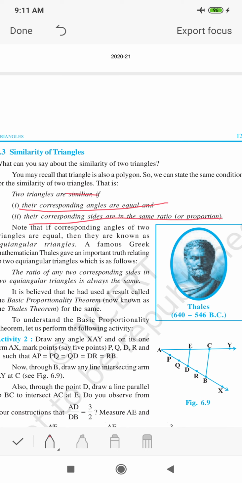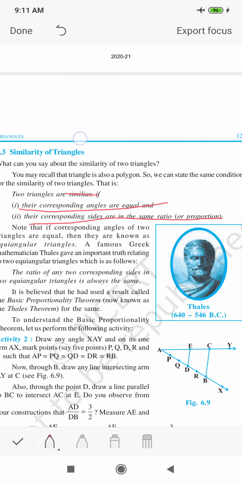Likewise, two triangles are similar if their corresponding angles are equal and their corresponding sides are in the same ratio or the same proportion. This is the definition of similarity of triangles.